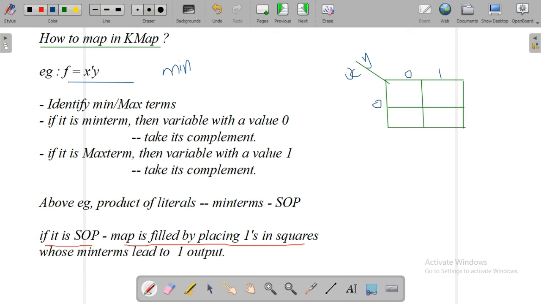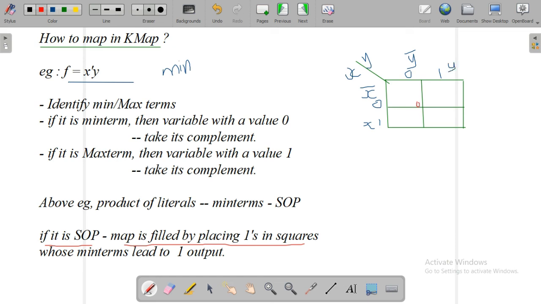First, x, and this is y, with 0, 1, 0, 1. This is the minterm form, so 0 is indicating x dash, or x complement, and 1 is indicating x.